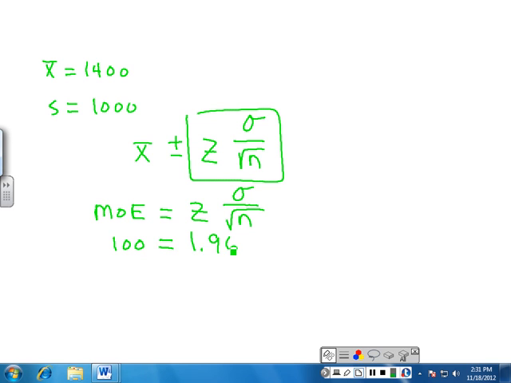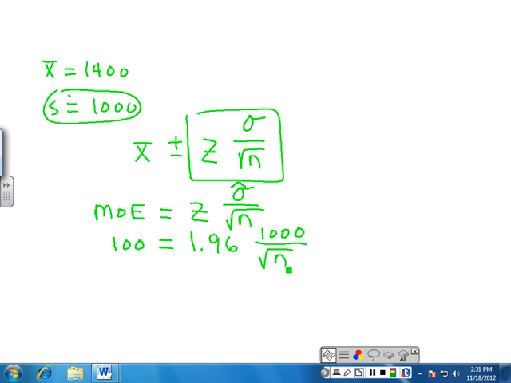And the best estimate we have of standard deviation is this 1,000. And technically, I don't always hold myself to it, we should have a hat over there because it's an estimated value. Not all books put that, but technically it should have that, over the square root of n.